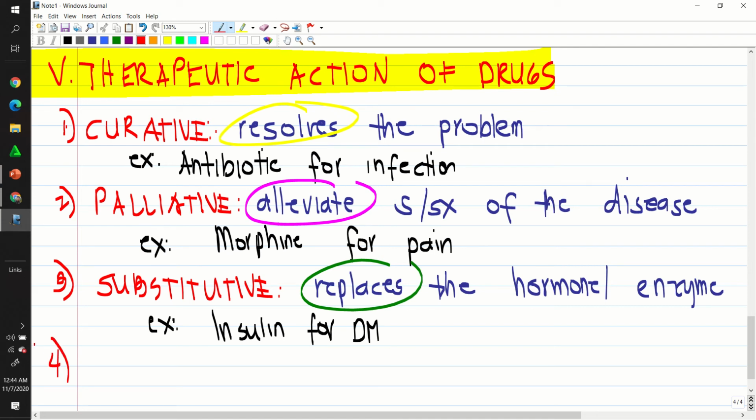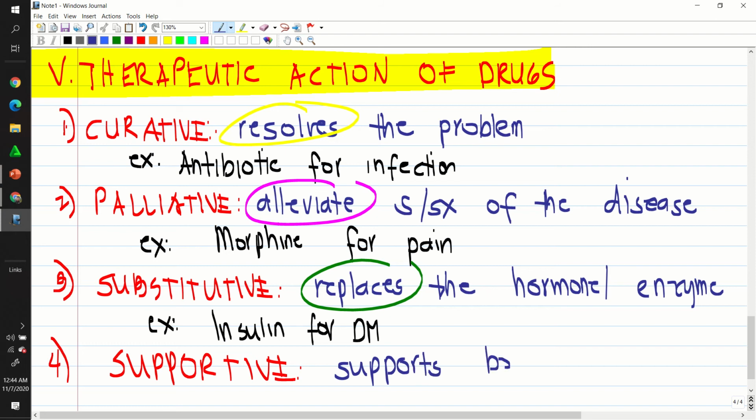Another therapeutic action of a drug, we have your supportive. We say supportive, it will obviously support body functions. It will only support body function until the treatment can take over or the body can compensate.